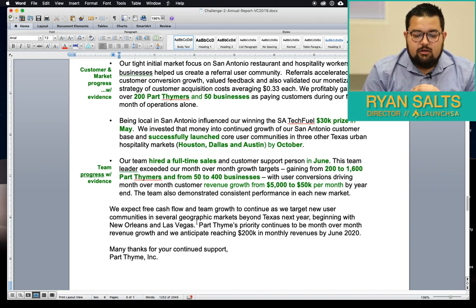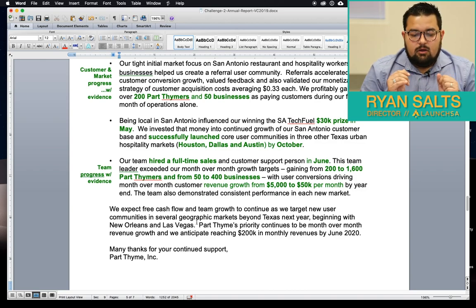And then finally, we were able to grow our revenue. Revenue does not account for expenses. Revenue is purely the money that comes in the door. So these numbers look really great, but realistically, they only represent money coming in the door, not the costs associated with getting that money. We grew our revenue from $5,000 a month to $50,000 a month.